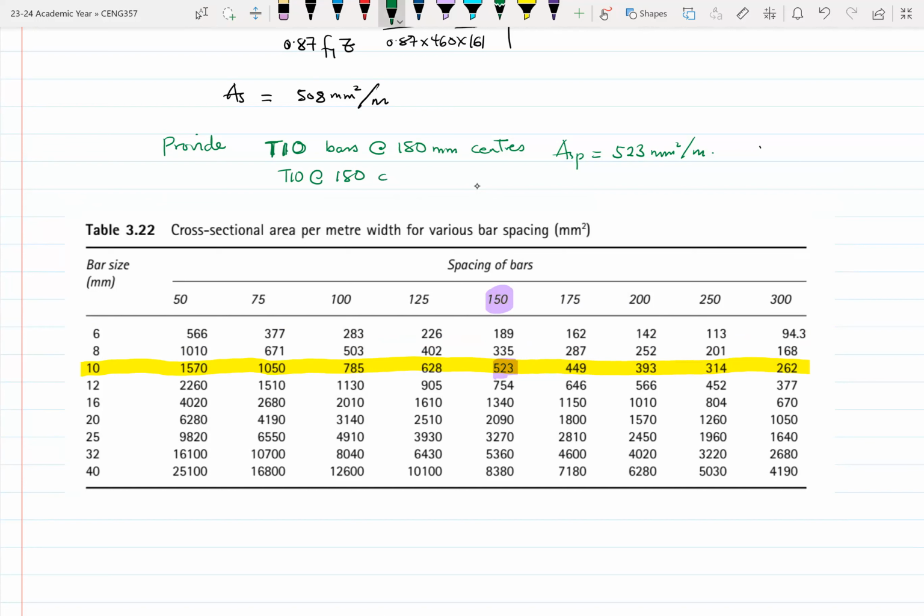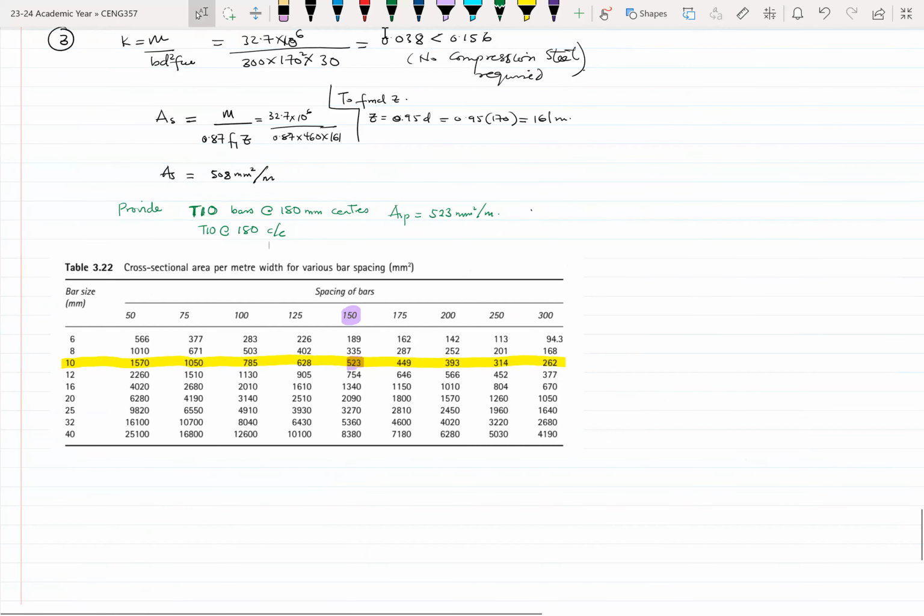Some would just say C to C. It makes sense, right? And that's how we do the design for the bending.